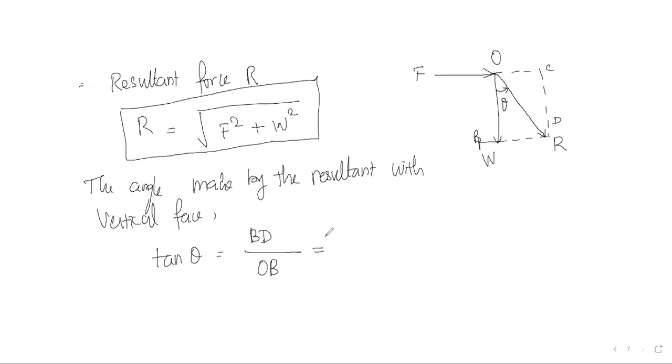With respect to force, BD is nothing but our horizontal force F, and OB is nothing but our vertical force W. Therefore tan theta is equal to F by W, which is another equation for finding the angle of inclination.